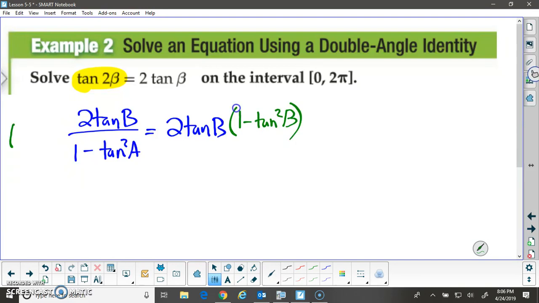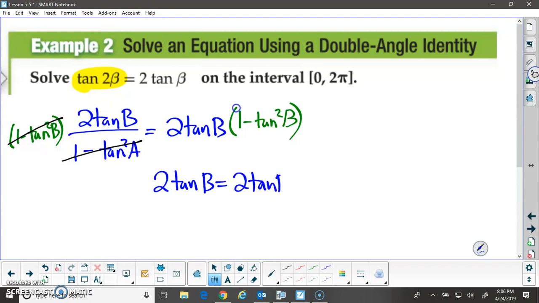And if I do that to both sides, then I'm going to be able to cancel this with that. And so it looks like I'm left with 2 tangent of beta equals 2 tangent of beta times 1 minus tangent squared.